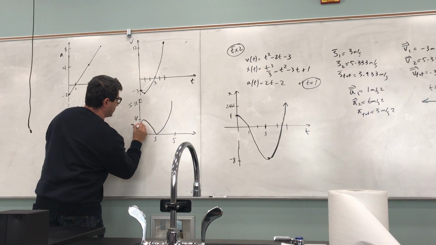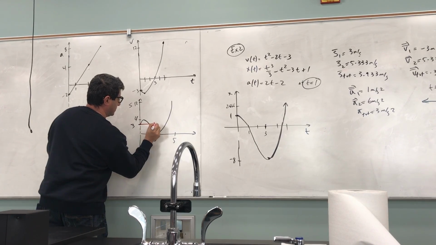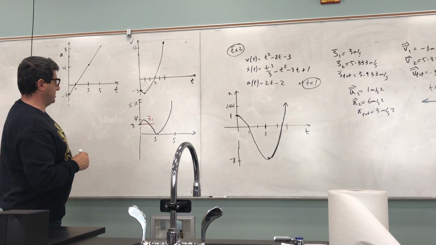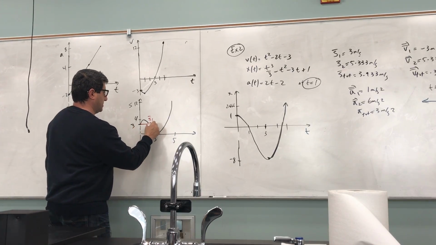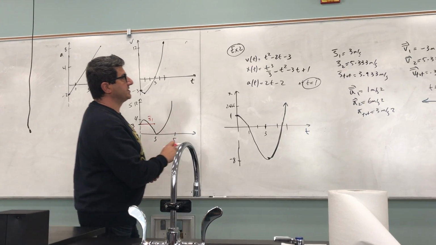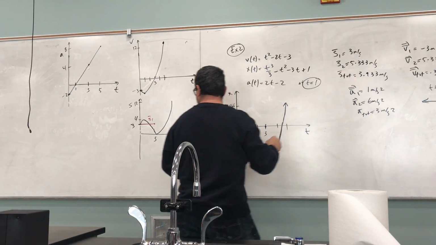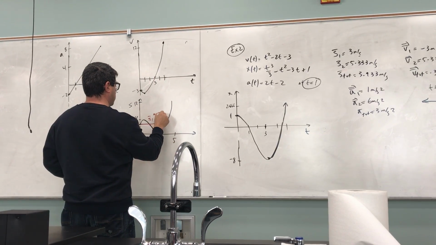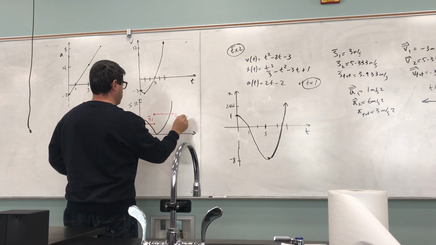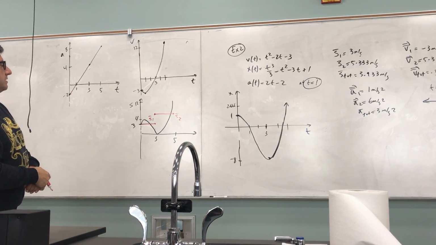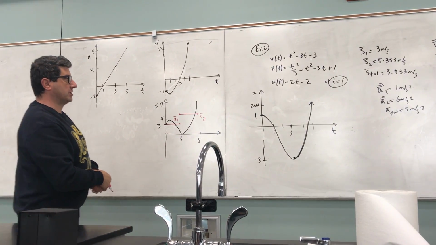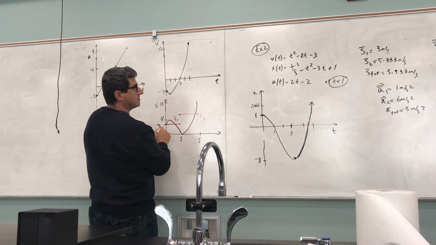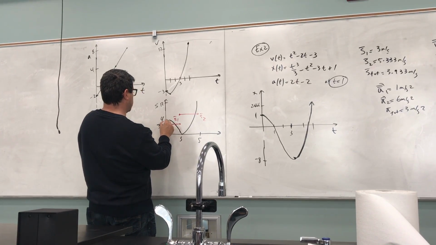Okay, so now we're going to say the average height of this function from 0 to 3, S average 1, that's 3. And then S average 2 is 5.33, which is here. And then S average total is 3.993, which is going to be somewhere here.